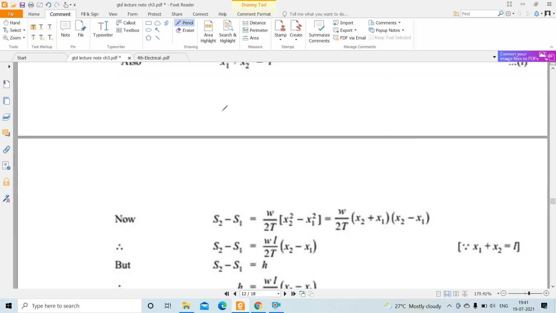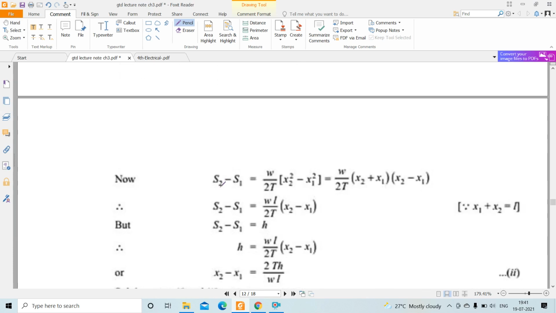So if I want to solve S2 minus S1, in place of S2 we can put W x2 square by 2t, and in place of S1 W x1 square by 2t.